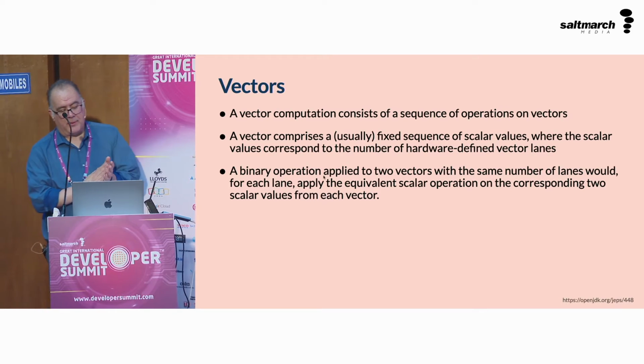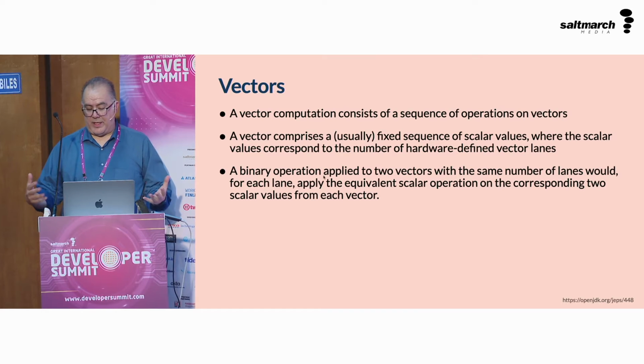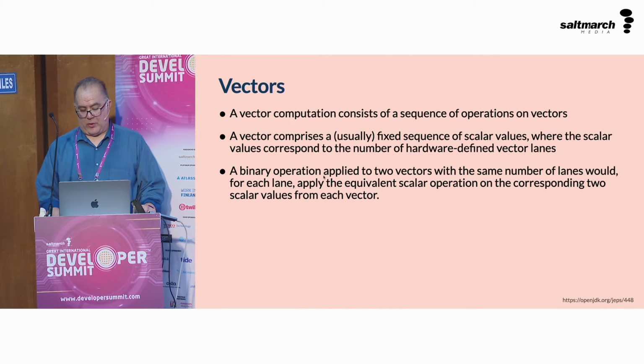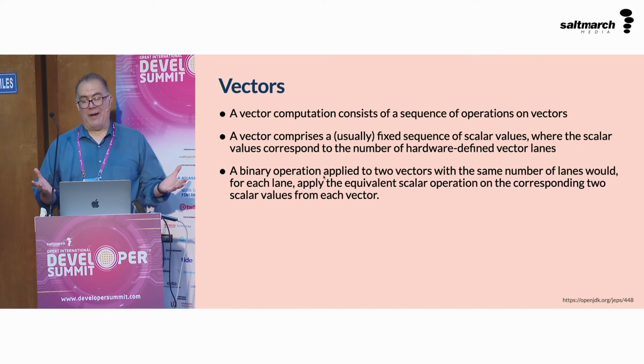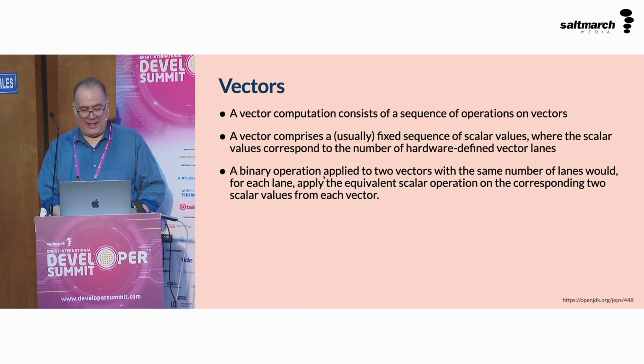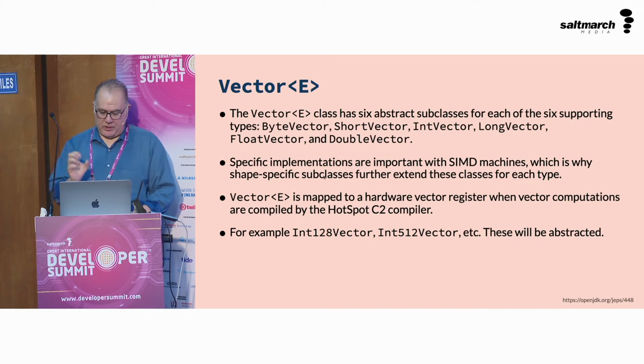A binary operation applied to two vectors with the same number of lanes would, for each lane, apply the equivalent scalar operation on the corresponding two scalar values from each vector. Anyway, did I write this? No. I got that from the JEP, and that's the way that it was described. So that's some information for you right now, but then we'll take a look at some images so that you can see that.